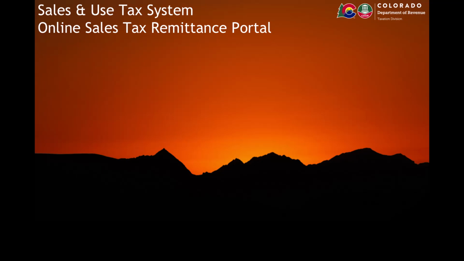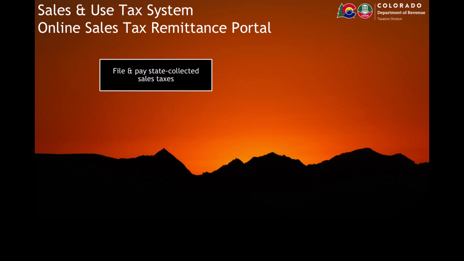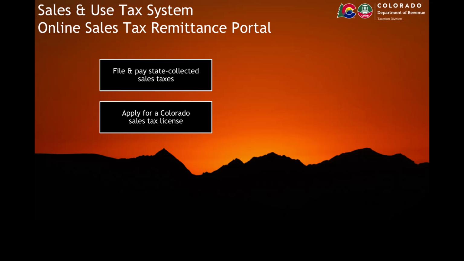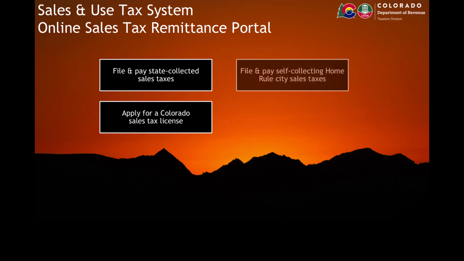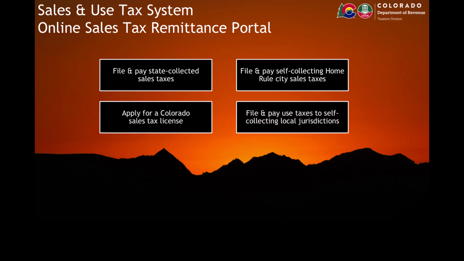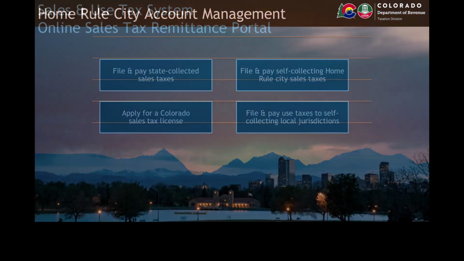SUTS can be used to file and pay state-collected sales taxes, apply for a Colorado State sales tax license, file and pay Home Rule self-collecting city sales taxes, and remit use taxes to self-collecting jurisdictions that allow it.